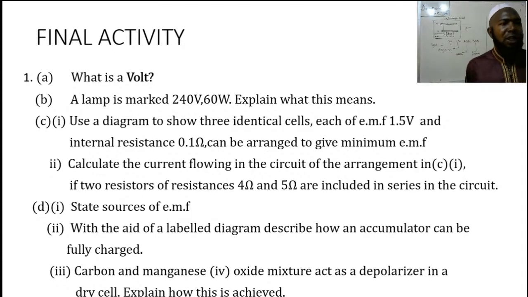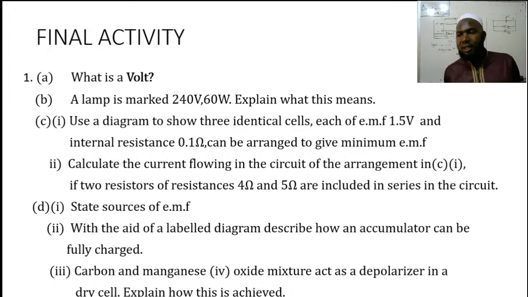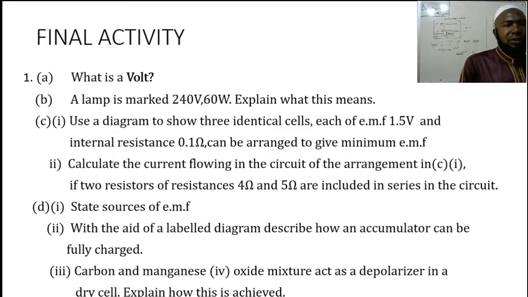Calculate Roman 1 EMF of the cell, Roman 2 current flowing through a 3 ohm resistor, Roman 3 power dissipation with a 3 ohm resistor. Part C, give any difference between a nickel iron cell and the lead acid cell. Lead acid is these common batteries.